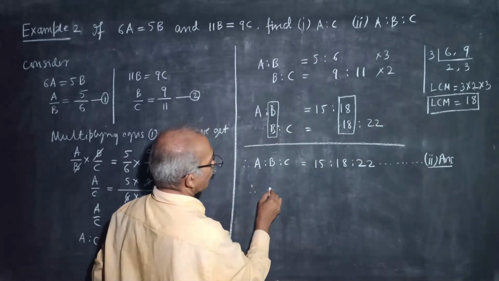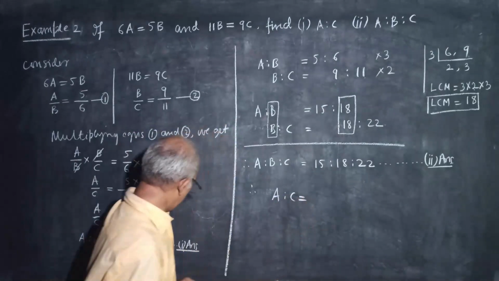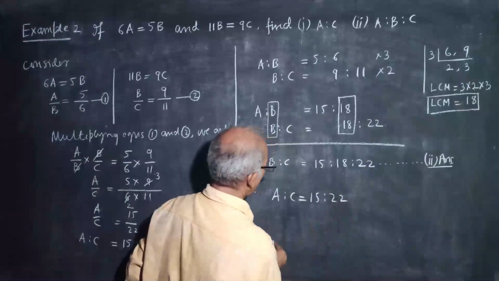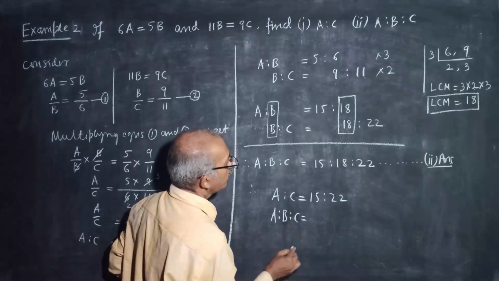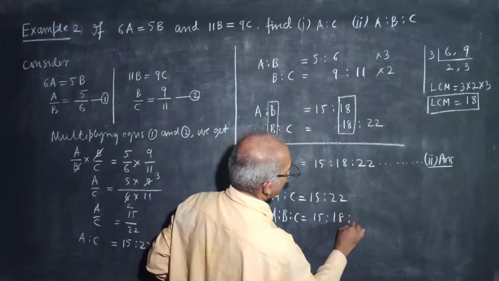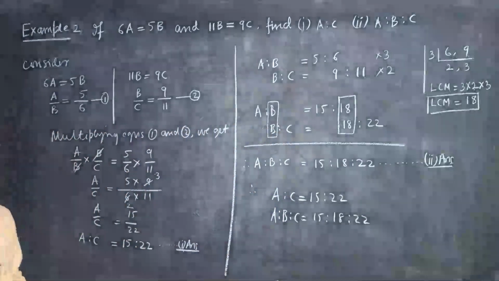Therefore, final conclusion, a is to c is 15 is to 22 and a is to b is to c is equal to 15 is to 18 is to 22. This is the final conclusion.